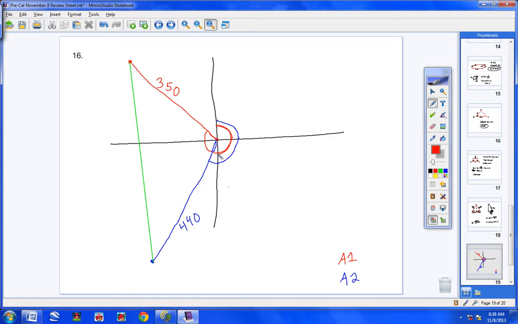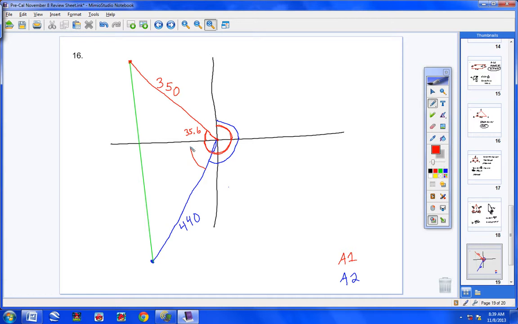I went 90, 180, 270, okay, and then I went 35.6 degrees more. So this angle right here, from the red line here to the black line, is 35.6.